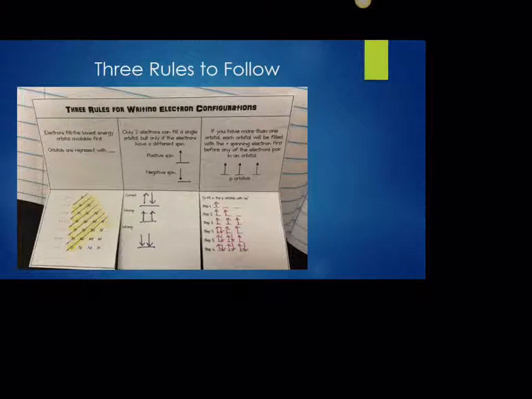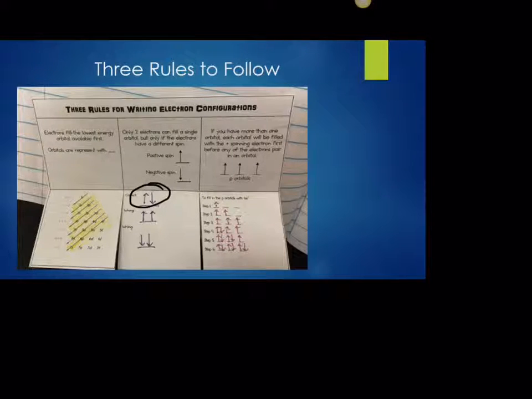And a positive spinning arrow for our textbook is shown as an up arrow, and a negative spinning electron is a down arrow. So anytime you're drawing electrons on the line, first there's only 2 electrons, and second you always want a positive spinning electron first and then your down arrow.